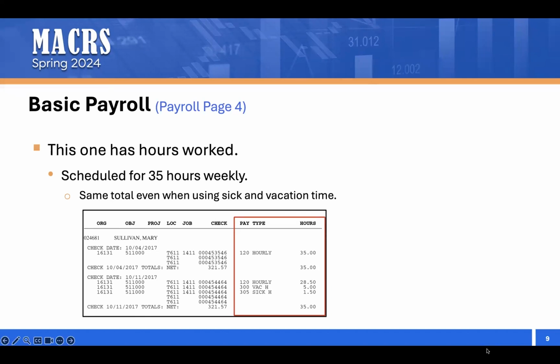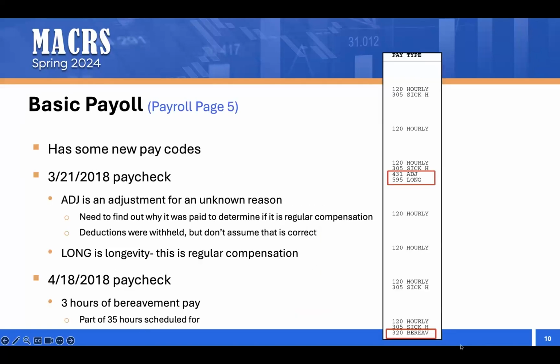So if you run into something like this when you're looking at the payrolls, you do have to ask either the department the person works for or the payroll department what exactly that adjustment is for. And then when you finally get an answer, all right, now you can figure out whether it's regular compensation or not. I wouldn't just assume that the payroll people handled it correctly as regular comp.